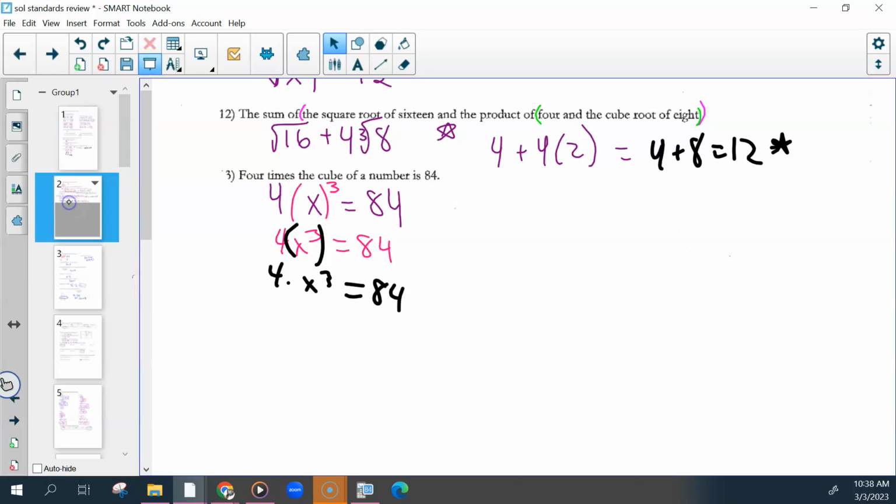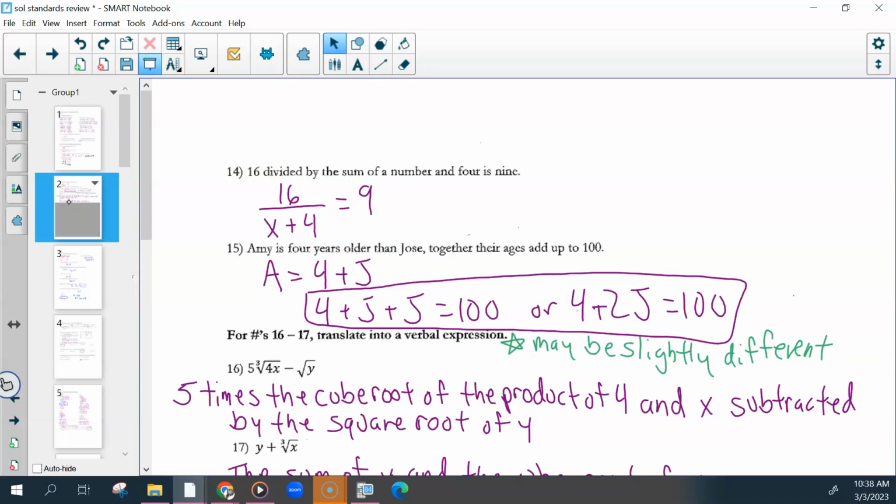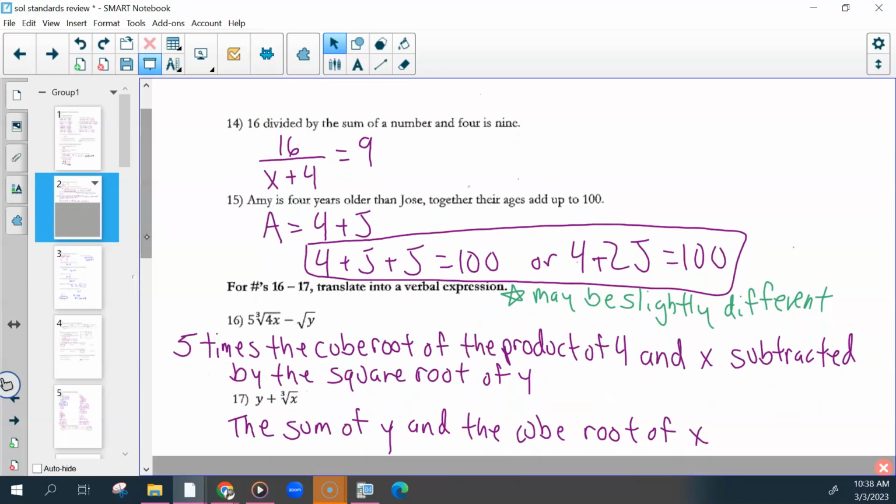And then on the back, 14, 16 divided by the sum of a number and 4 is 9. So 16 in your numerator, x plus 4, or whatever other variable, plus 4 equals 9. 15 was a little weird because Amy is 4 years older than Jose.